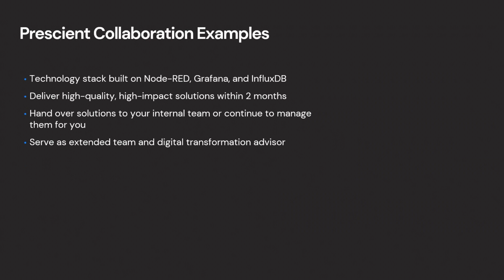So in this slide, we're going to talk about how we work. Obviously, this is self-promotion, but we believe that we have the right process, and we wanted to share that with everybody. So the first thing is we use a technology stack that's built on open core ecosystems like Node-RED, Grafana, InfluxDB. Why is this important?